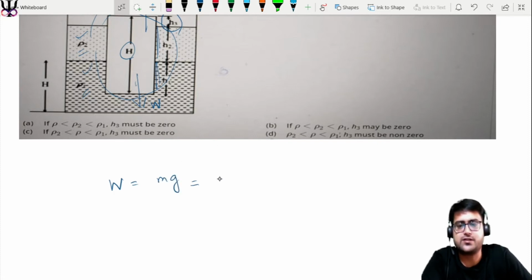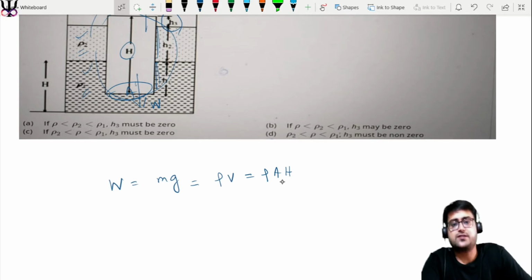What is its mass? Density rho times volume, correct? Imagine that this has a cross section area A. A cylinder with cross section area A and height H has the volume A times H. Correct? That's its weight, times g.